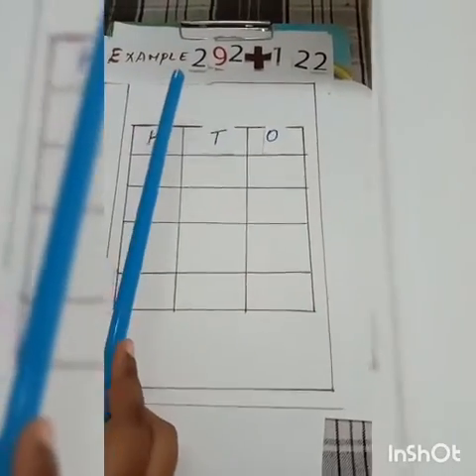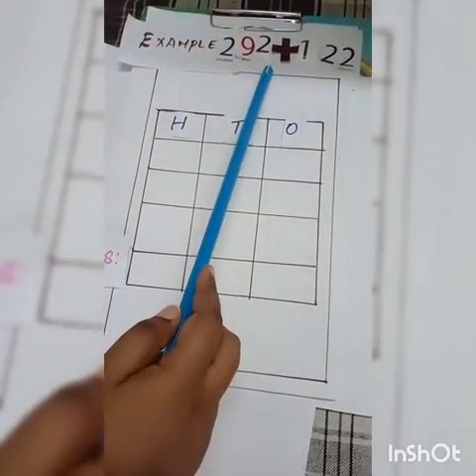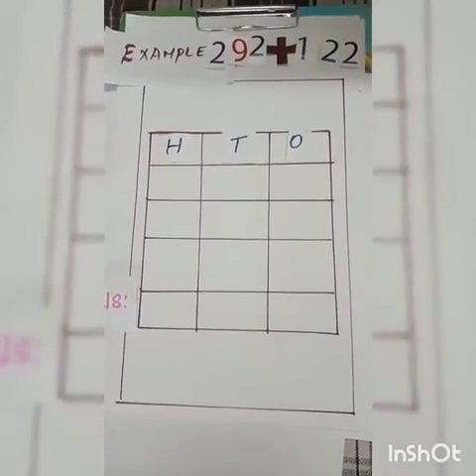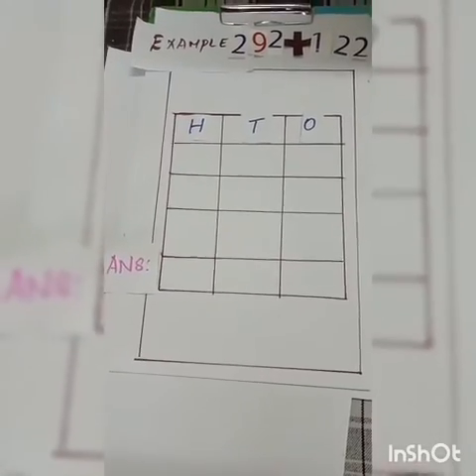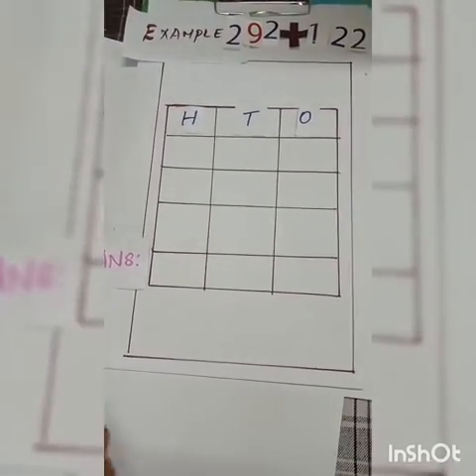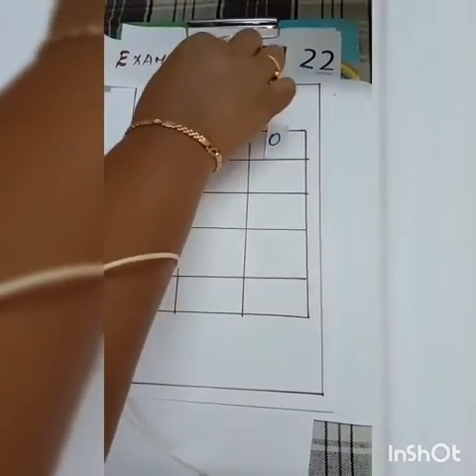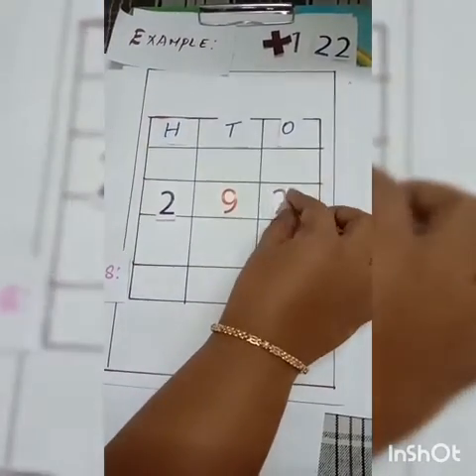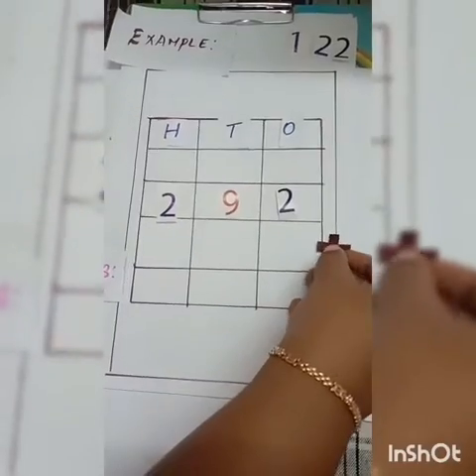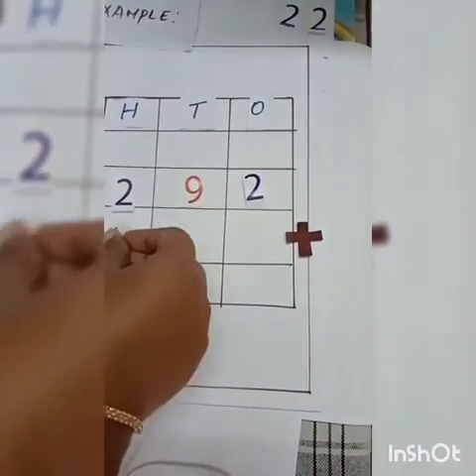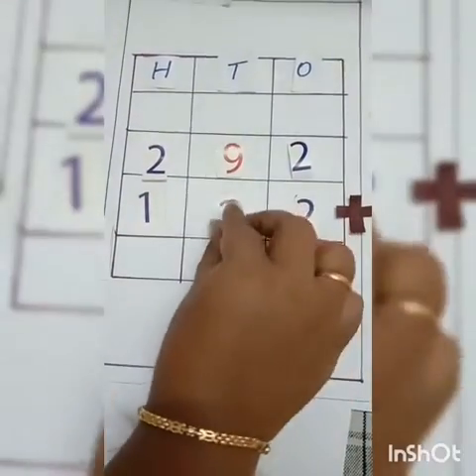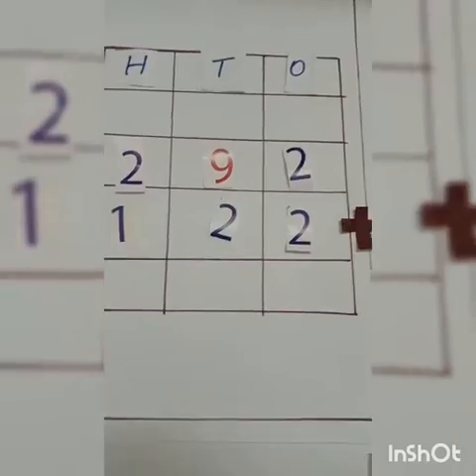Now we will directly add the numbers 292 and 122. Let us look at the process of addition of these numbers. Step 1. Place the numbers in hundreds, tens and ones column, that is 292 added with 122. Step 2.